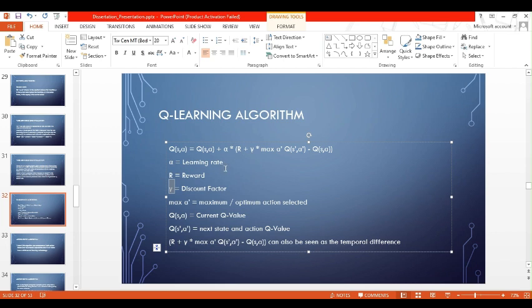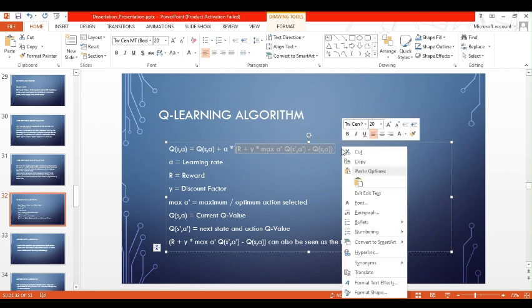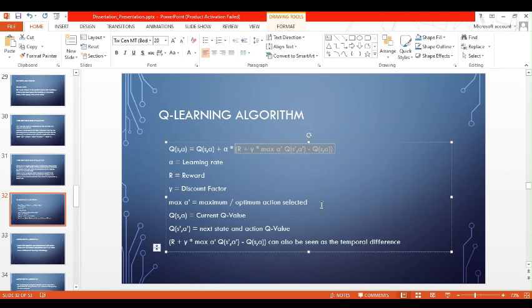It can randomly pick an optimal value there. So that is what this represents. Then the Q(S,A) is the current Q value, and the Q(S', A') with the prime there is the next state and the next action of the Q value. And like I said before, this highlighted part can be seen as a temporal difference or the TD update.